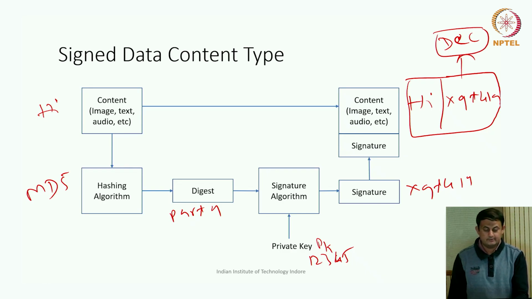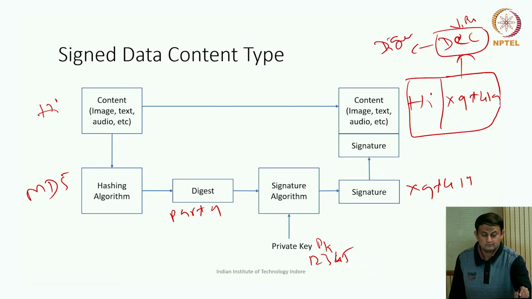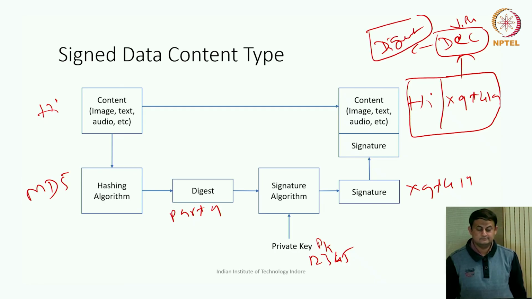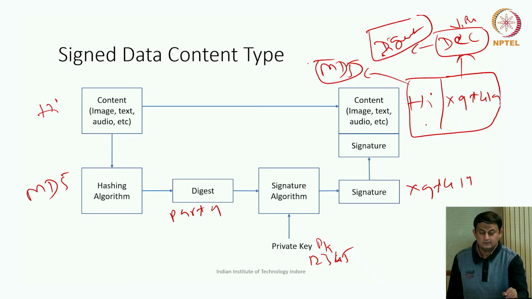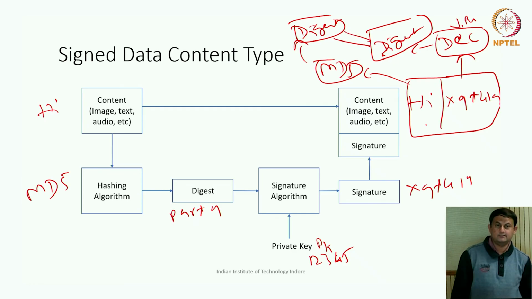We used the private key to encrypt the hash digest value. Now you need to use the public key to decrypt this. You get back the digest, and assuming you know the algorithm, take the message, pass it on to MD5, and you get another digest, and you compare this digest with the digest that is there.